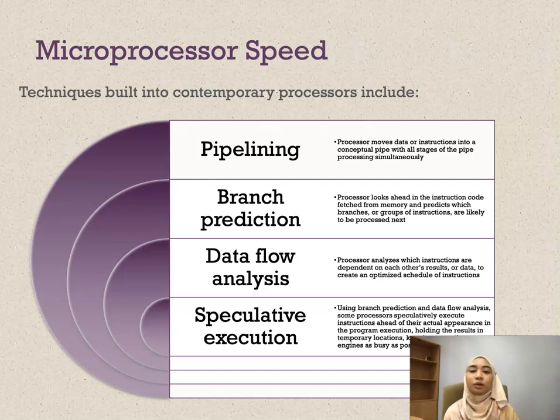So a lot of prediction going on here. You have your branch prediction and your speculative execution, doing things ahead, predicting things ahead, whereby how you organize the data or how you process the data is done by the pipelining and data flow analysis.